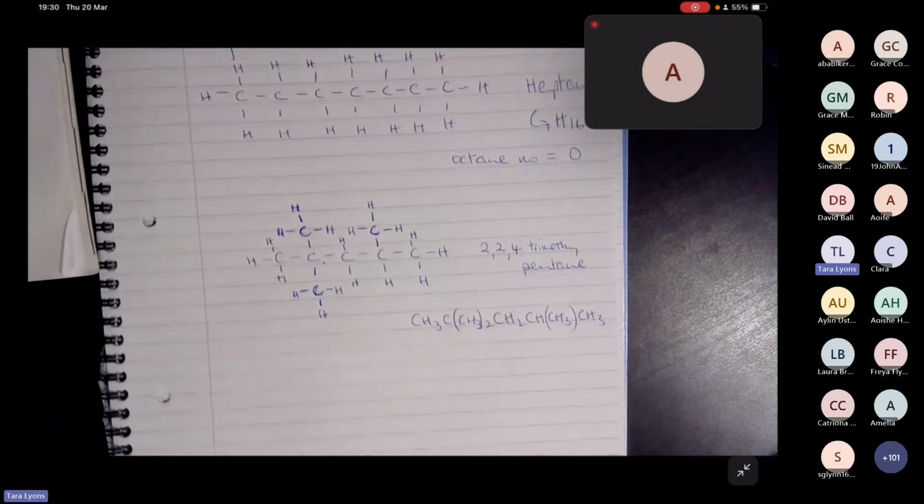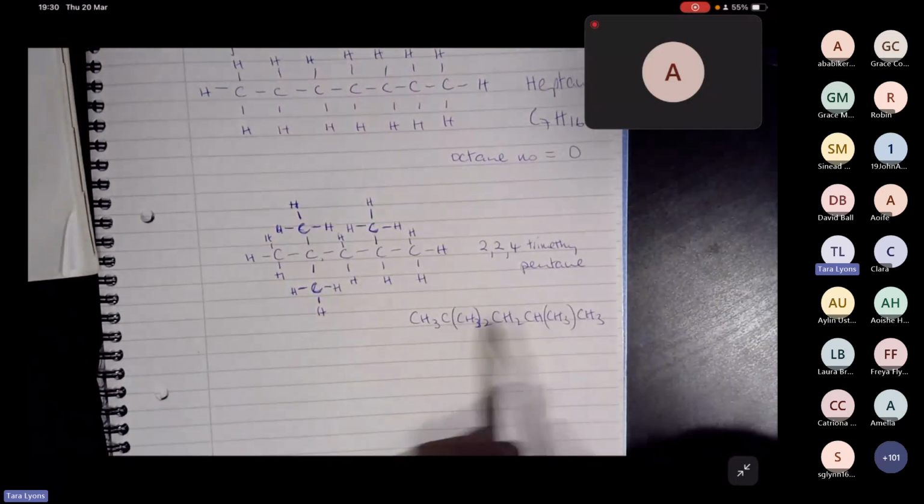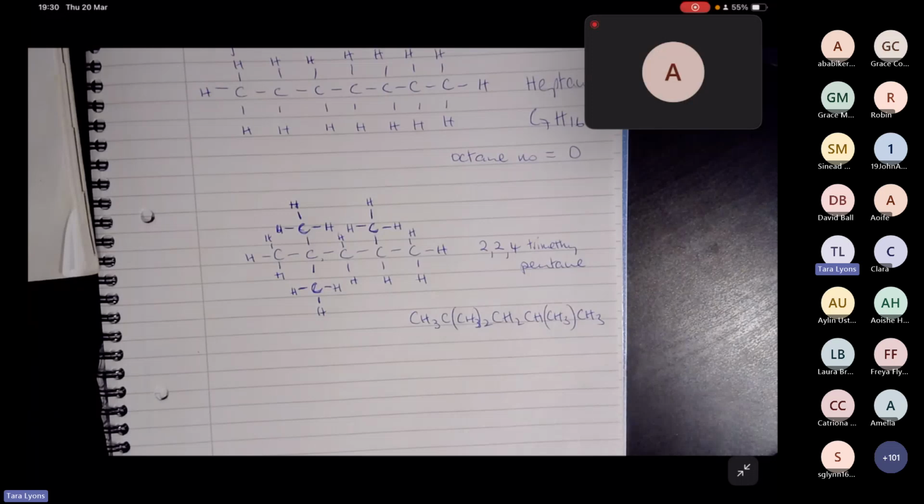So you might see its formula written out that way. And when you start seeing CH3s in brackets like that, that should alert you to the fact that it is 2,2,4-trimethylpentane.